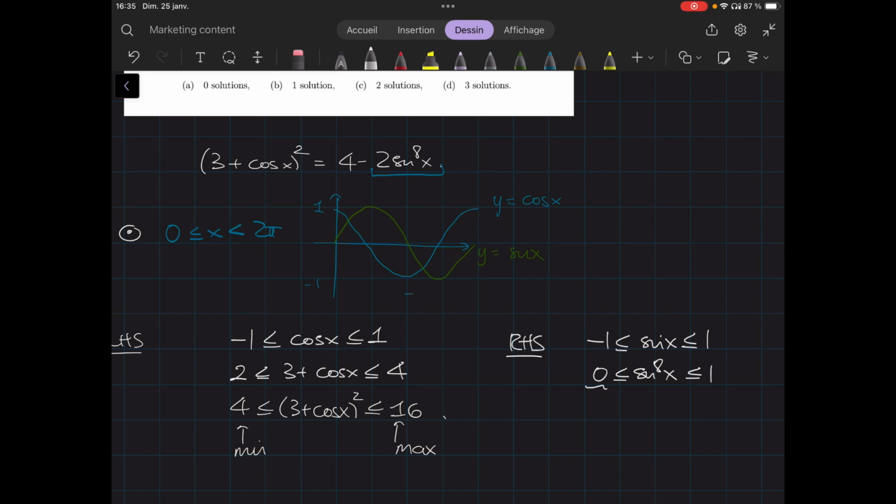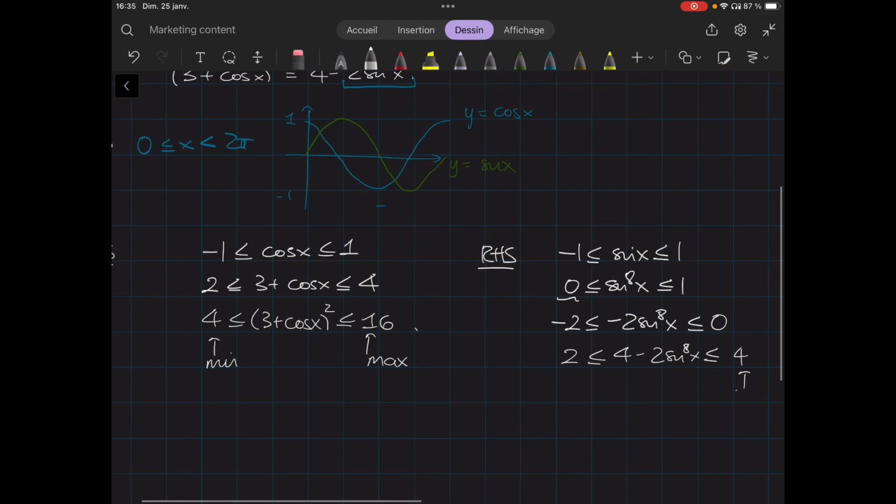And therefore, -2 sine to the 8 is between -2 and 0, and thus 4 minus 2 sine to the 8 is between 2 and 4. This is the max, this is the min.